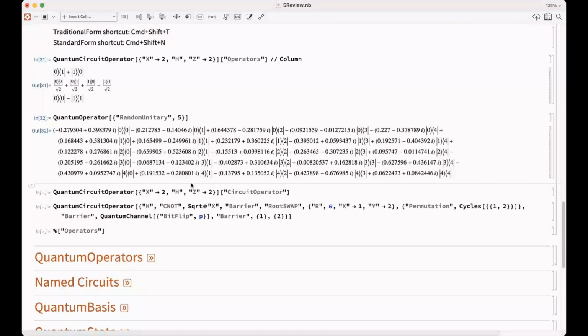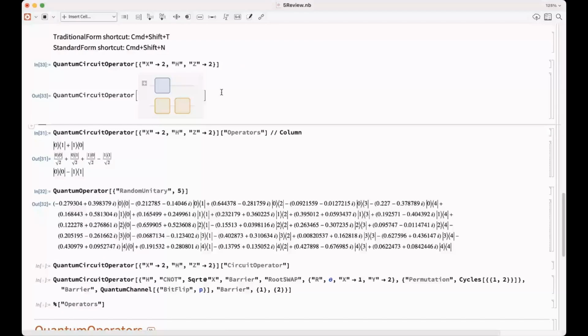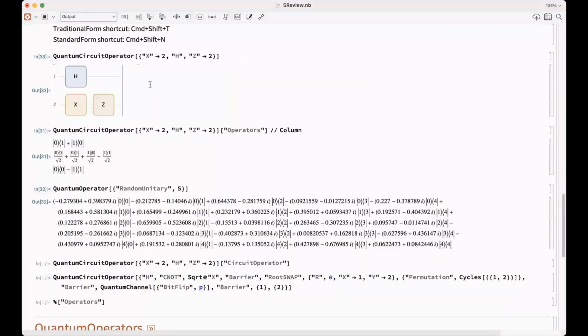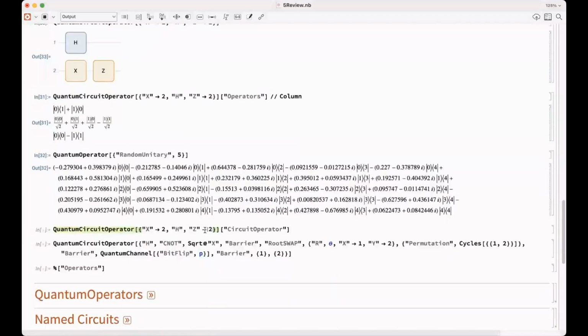Now, another way of looking at the circuit, instead of a collection of operators and their application one by one, is to ask for one single operator representing the whole quantum circuit. What I'm telling you is to do the composition, and the result is just one single operator.